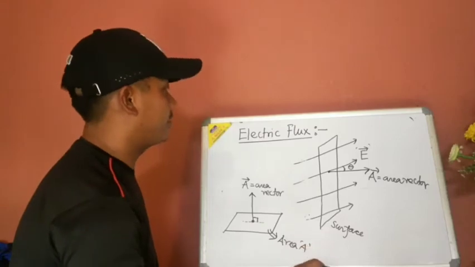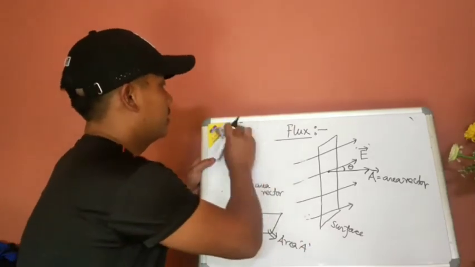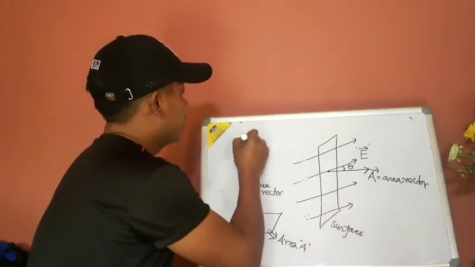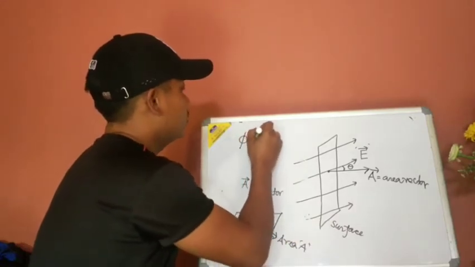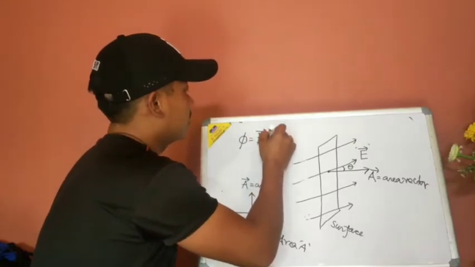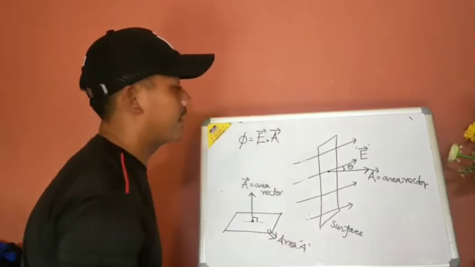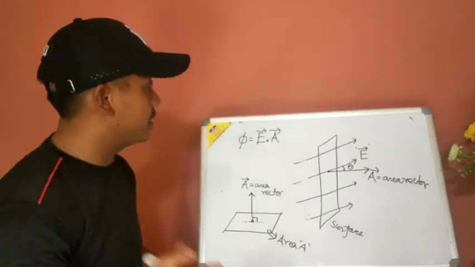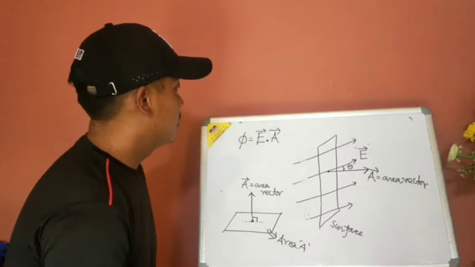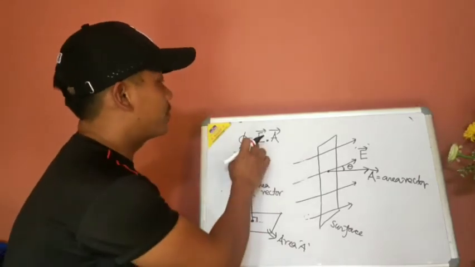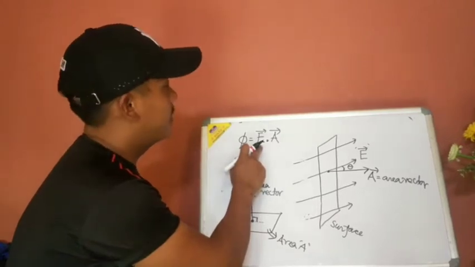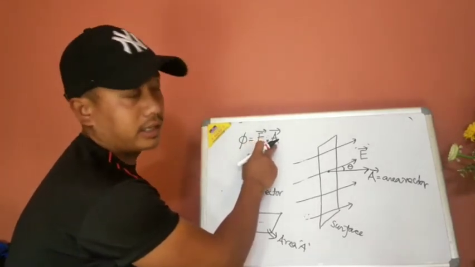Electric flux is mathematically written as phi equal to E vector dot A vector. So the mathematical definition of electric flux linked with the surface is the dot product of electric field intensity E vector and area vector.